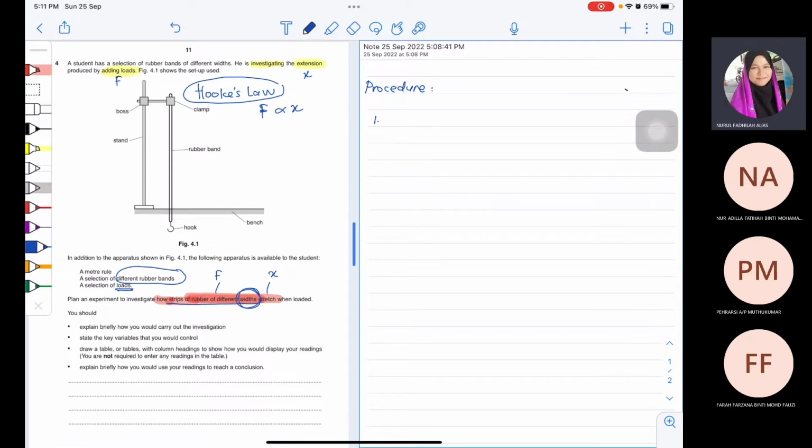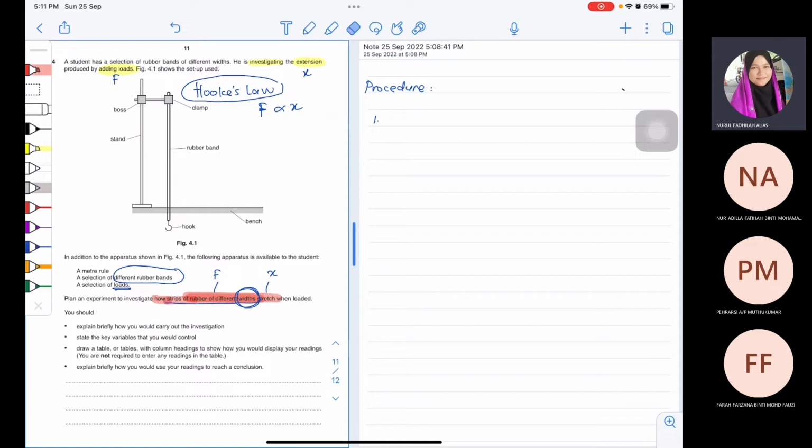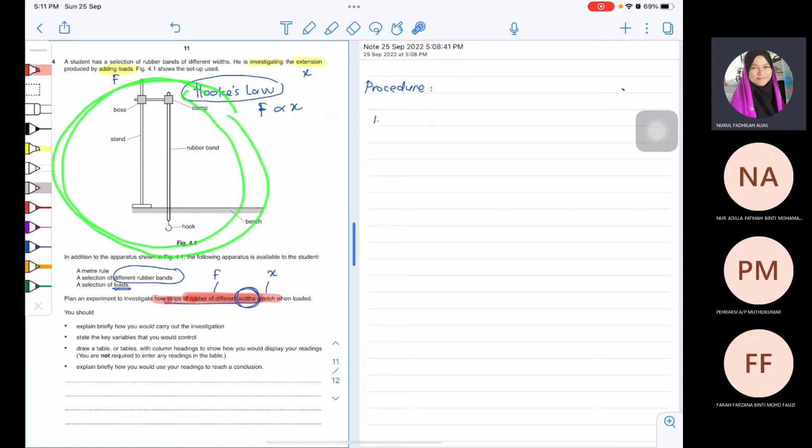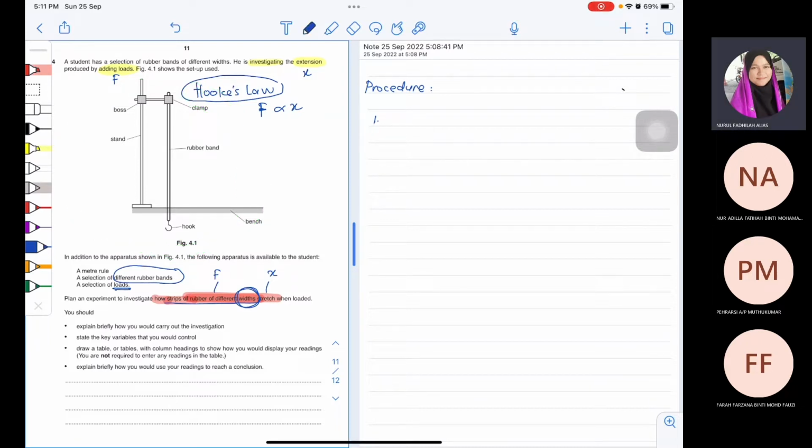Okay, so you will, in the picture you have shown the rubber band here. Now we are ready to measure the responding variable. So we start by saying: measure the length of band.